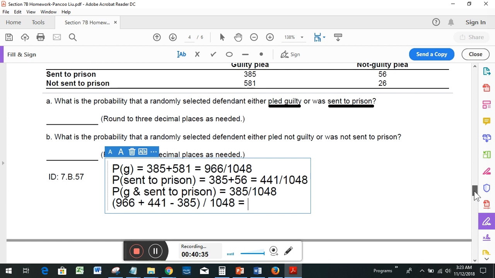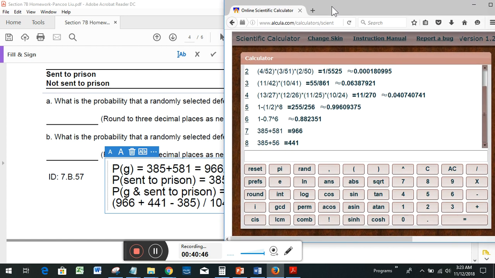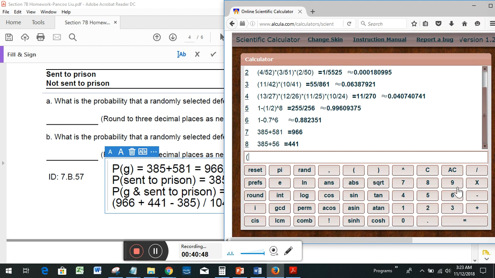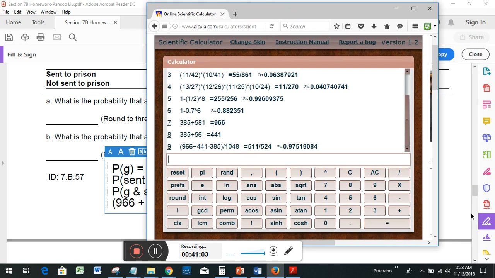In this case, they want decimals rather than a fraction, unlike number 14. So let's put that into our calculator. We do 966 plus 441 minus 385, all out of 1048, equals.